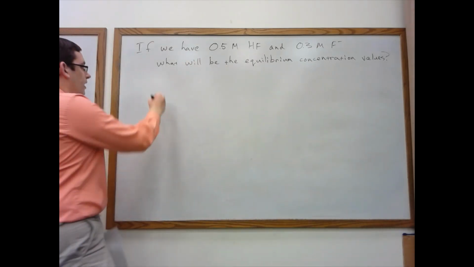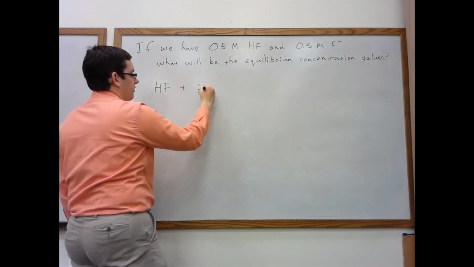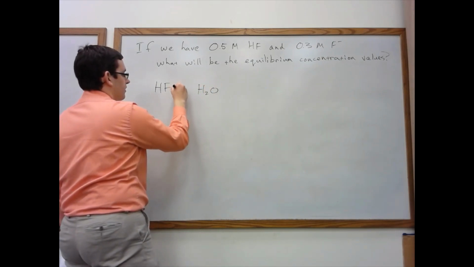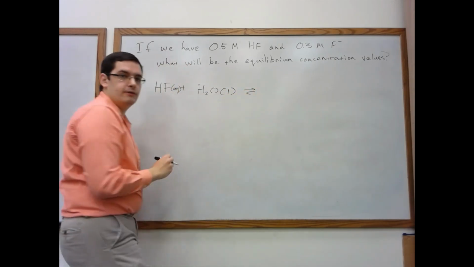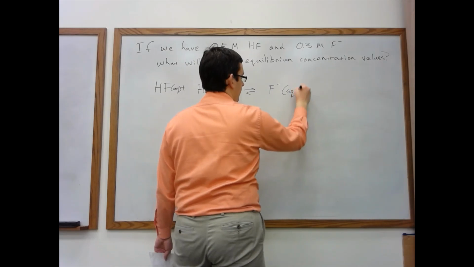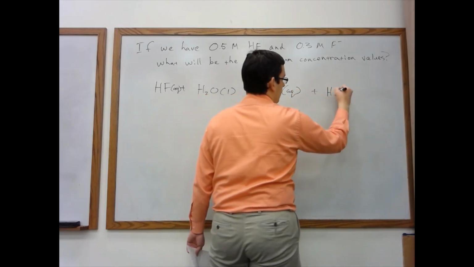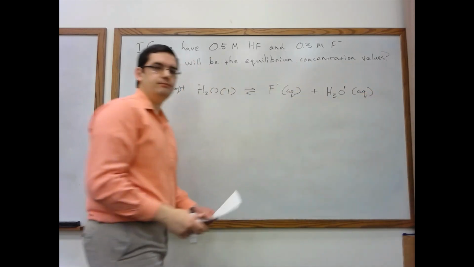Okay, so our equation first is HF reacting with water to produce our fluoride anion and hydronium ion.